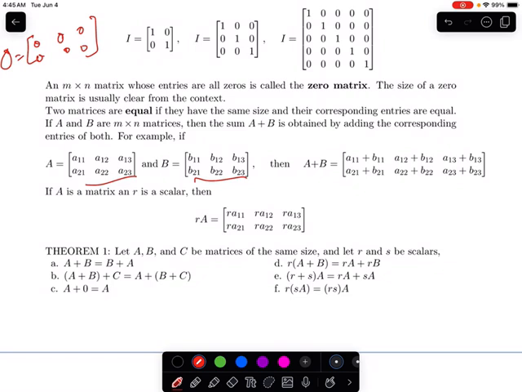This result can be shown using the compact notation we had: A plus B equals the matrix A written in compact form plus the matrix B written in compact form, and it is equal to the new matrix which has entries of this type.